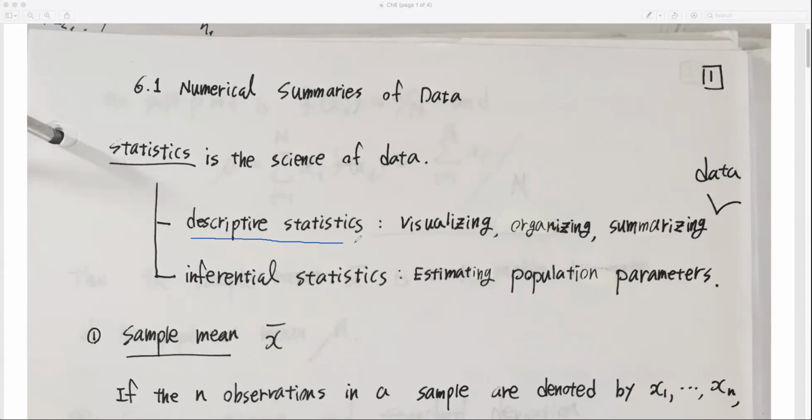Descriptive statistics is about visualizing, organizing, and summarizing data. To visualize, we use a histogram, bar graph, pie chart, dot plot, stem and leaf plot, something like this. Then there is organizing and summarizing.